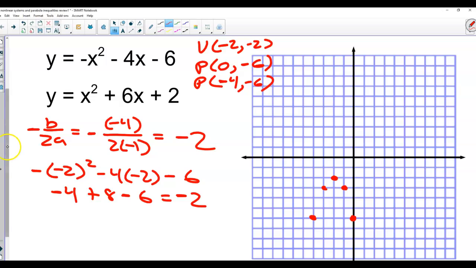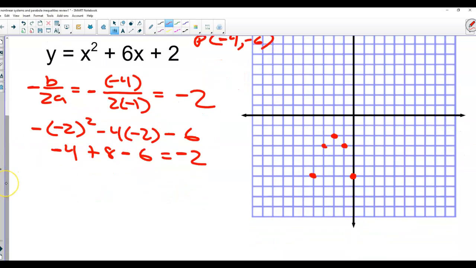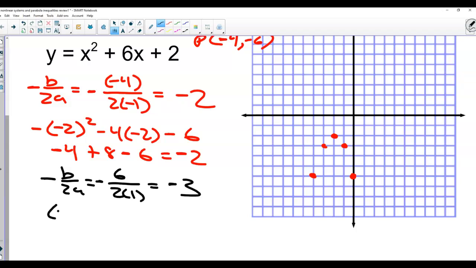Now the bottom one, same deal. Negative b over 2a. Well, that's 6 over 2 times 1, and we put the negative in front. That means my x-coordinate is a negative 3. Negative 3 squared plus 6 times negative 3 plus 2.